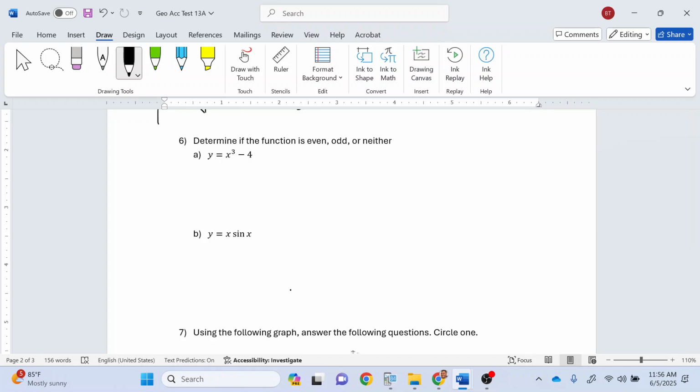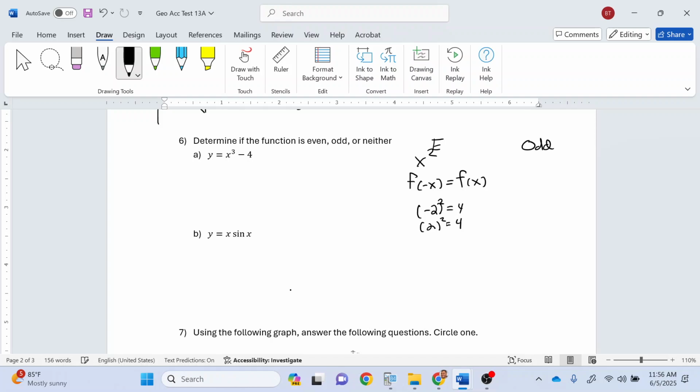All right. Even, odd, or neither. This is how I remember it. If it's x squared, when I plug in a negative number, it's the same as if I plugged in a positive number. Negative 2 squared is 4, and positive 2 squared is 4. So f of negative x equals f of x.